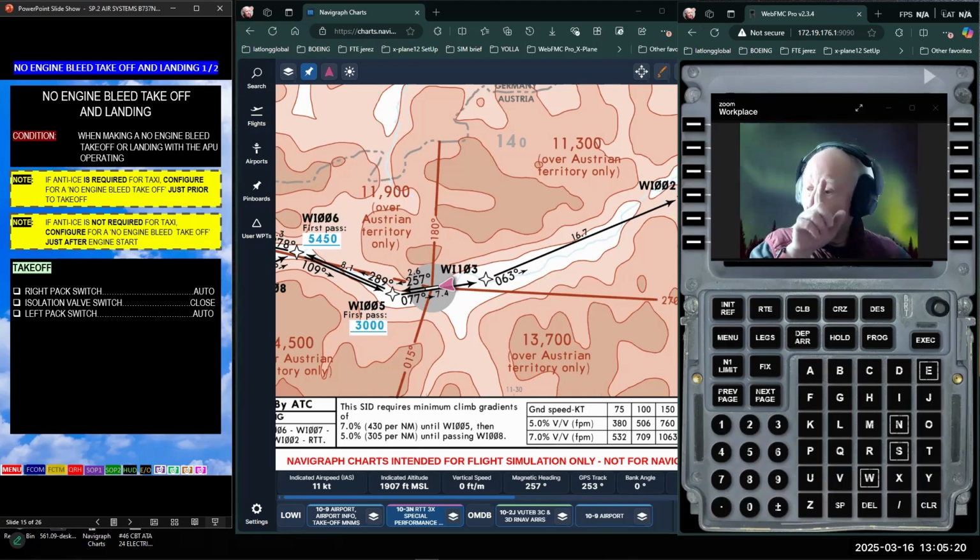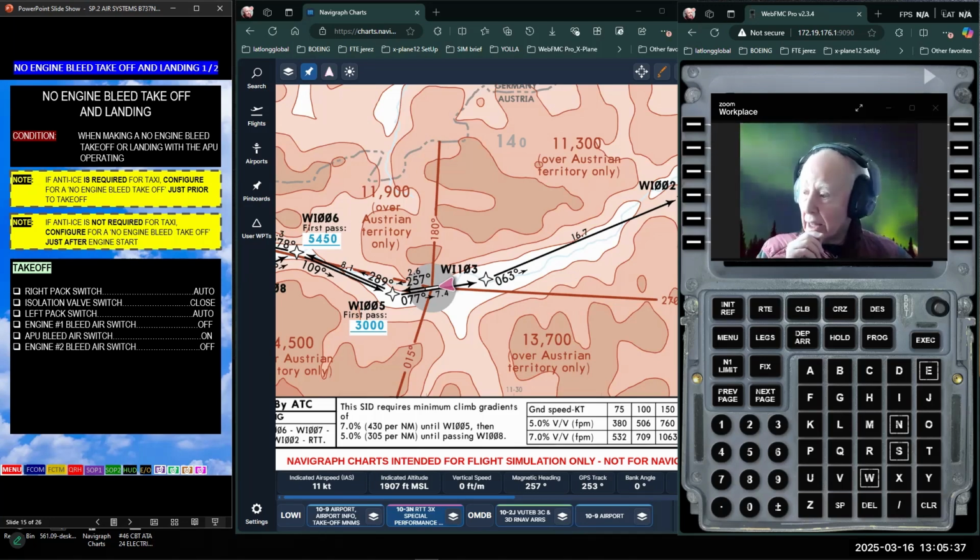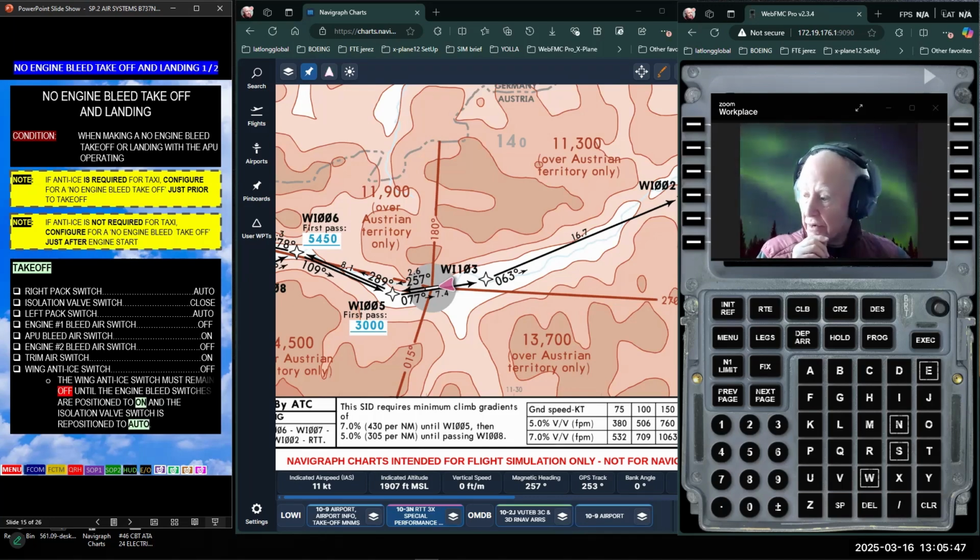So auto, close, auto, and then the bottom left-hand corner of the 4 switches, engine number 1 bleed air switch off, APU bleed air switch on, the APU is operating, engine number 2 bleed air switch off, trim air switch on, wing anti-ice switch off.